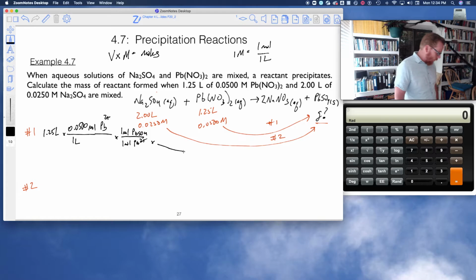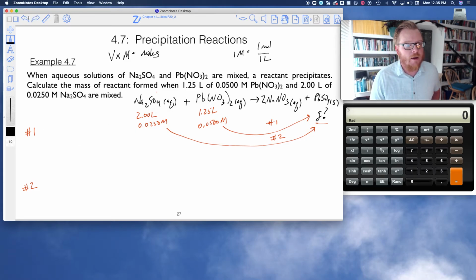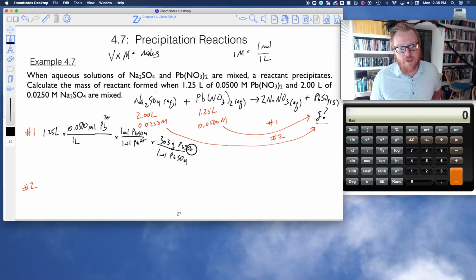And then, because it's asking me to calculate the mass of precipitate, I need the molar mass of the PbSO4. I did that already. It's a pretty heavy sucker. I just did it to 3 sig figs: 303 grams of lead sulfate in 1 mole of lead sulfate.